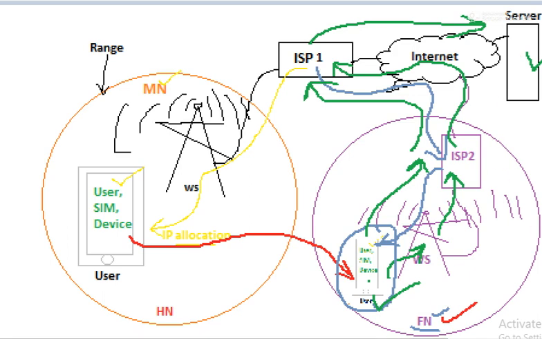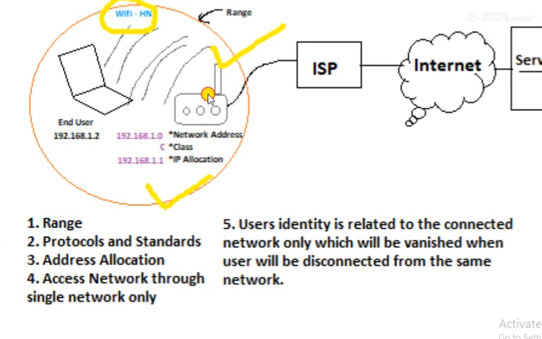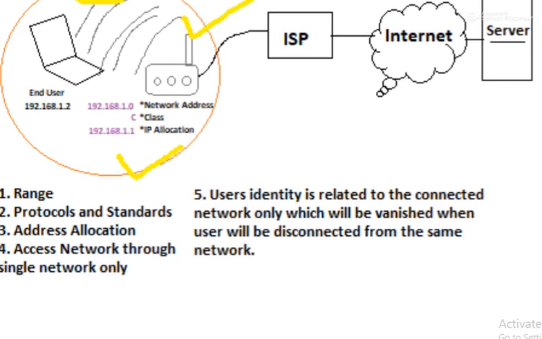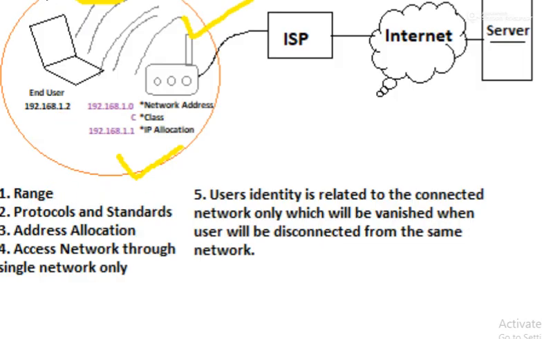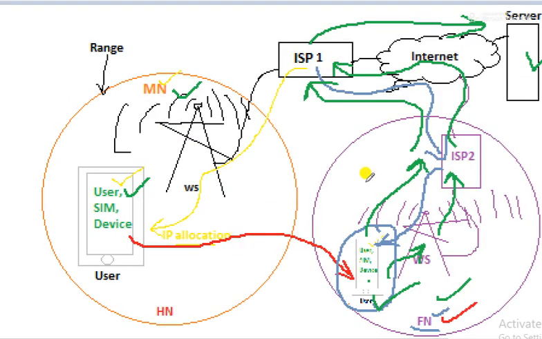So we should understand the difference between what is a stable network and what is a mobile network. That is, how a single device can use network services or be connected within the same network or within a different network, and how the range, the protocols and standards are accessed or changed, how address allocation is done, everything is different.